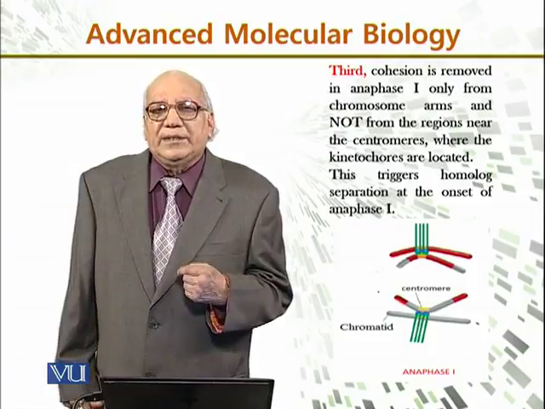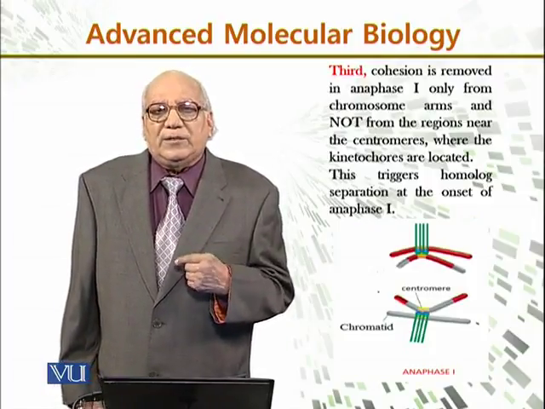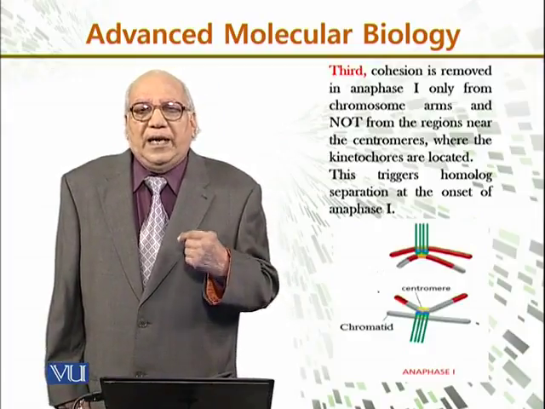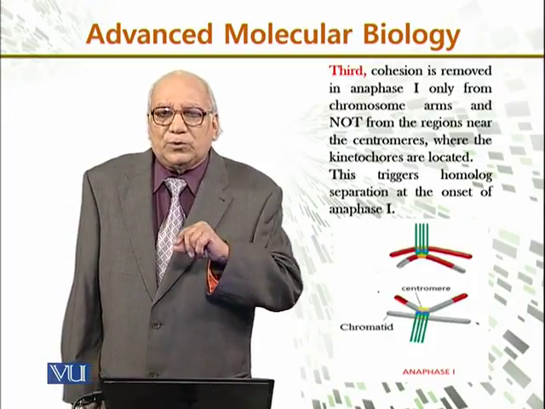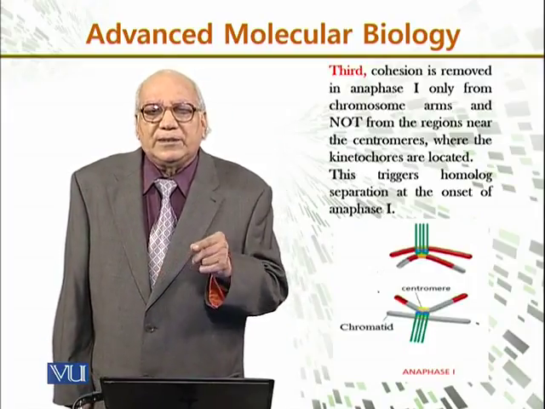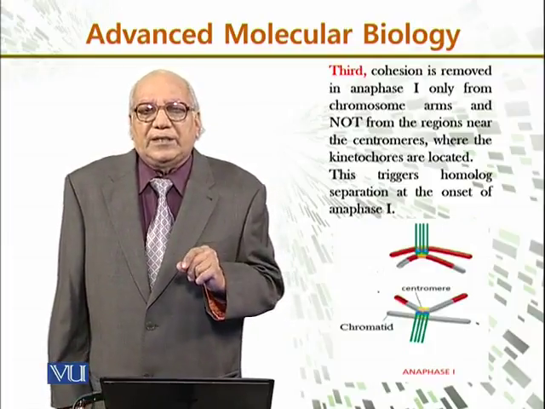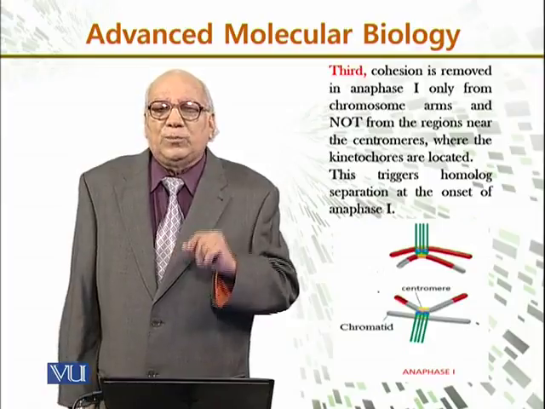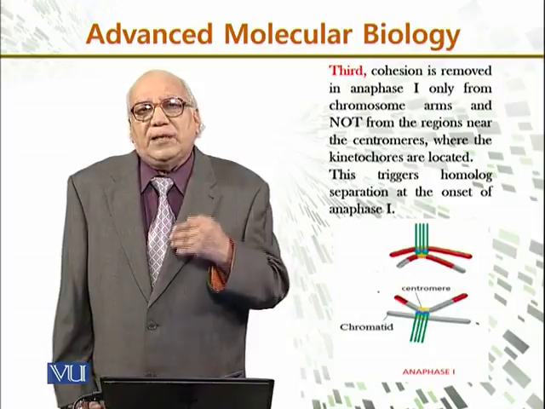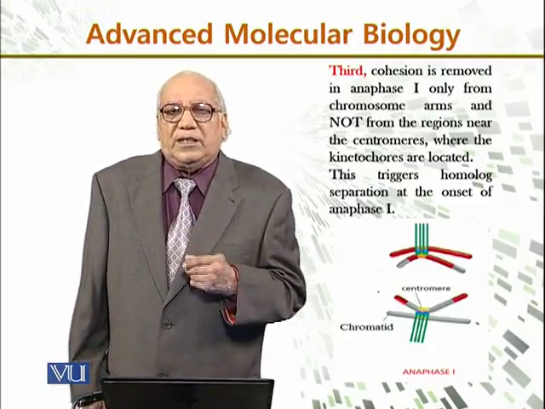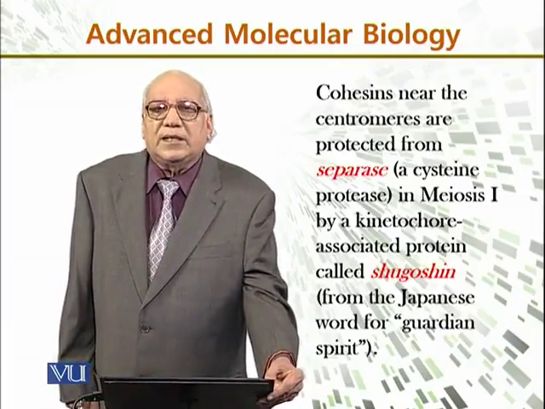We must remember that the cohesion is removed only from the chromosome arms and not from the region near centromeres. इसी वजह से जो chromosomes हैं वो separate हो जाते हैं, but they are joined at the centromere. This triggers homolog separation at the onset of anaphase 1. जब anaphase 1 शुरू होता है, start होता है, तो ये जो process है ये उसको trigger कर देता है.